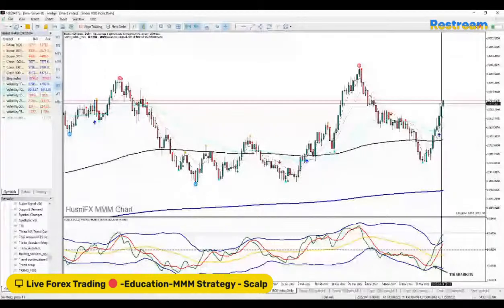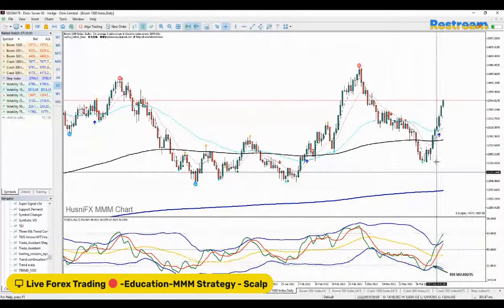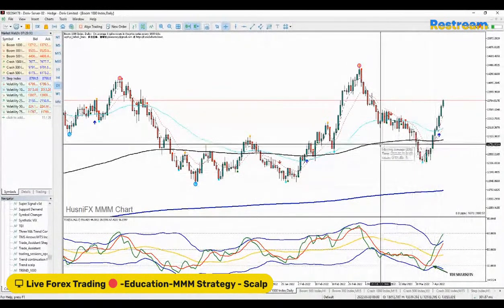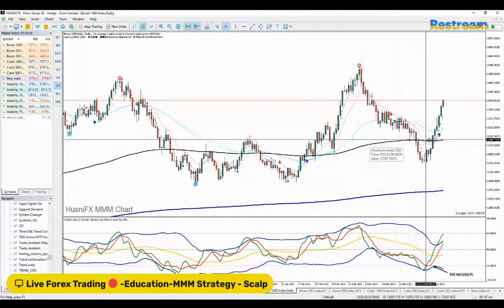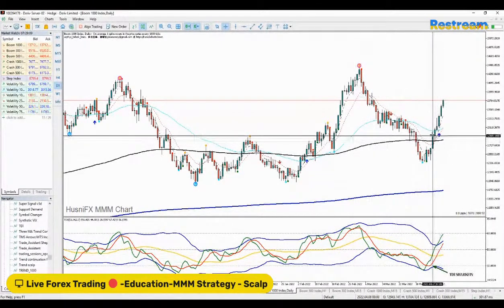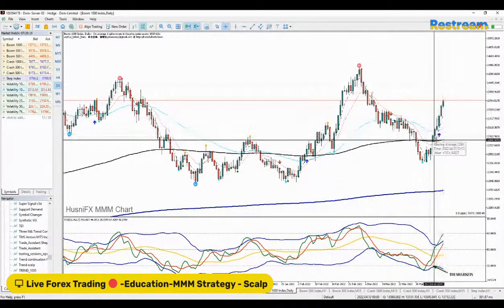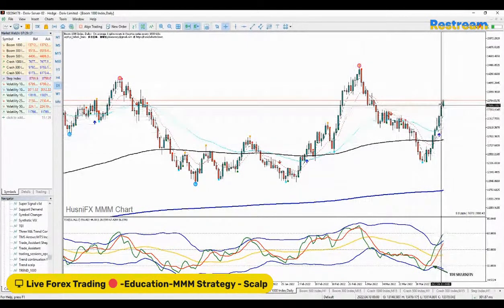When buyers are strong, you see that the price is above what is called the water trap. Whenever the price is above the water trap, we have strong momentum to the upside, a momentum that moves bullish here.